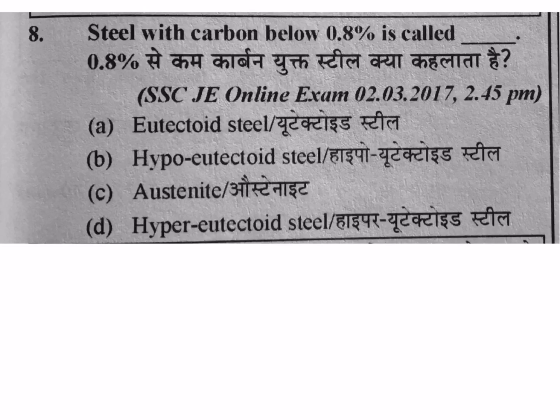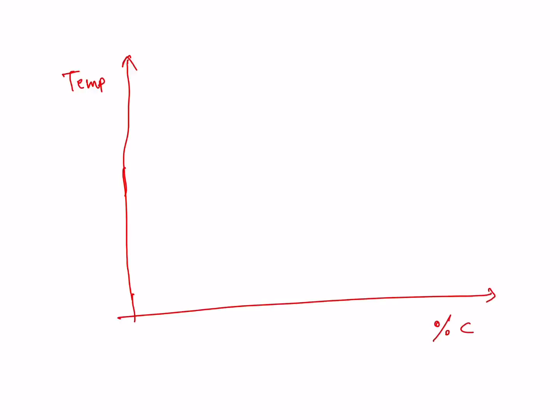Next question, steel with carbon below 0.8% is called as what? So 723 degrees Celsius, this is A1, the lowest critical temperature or lower critical temperature.